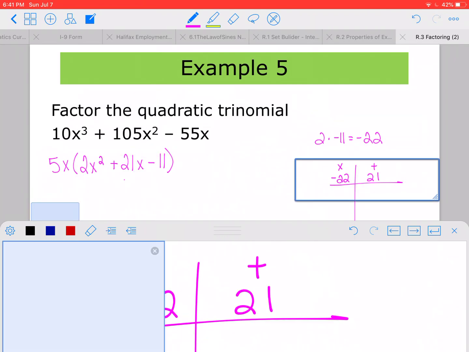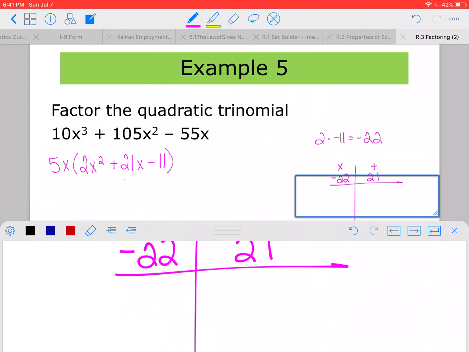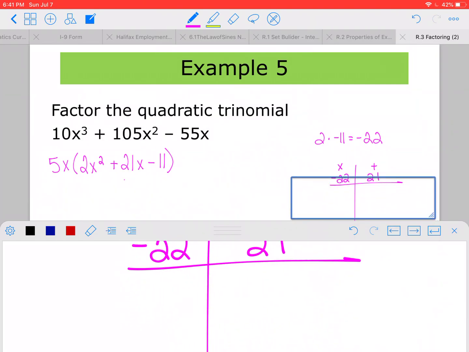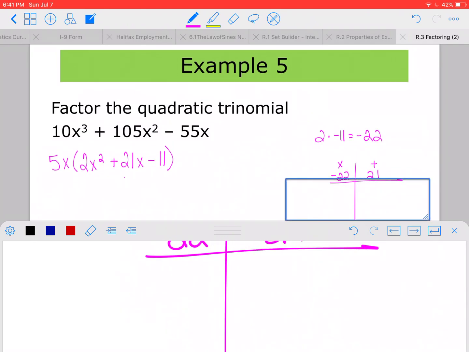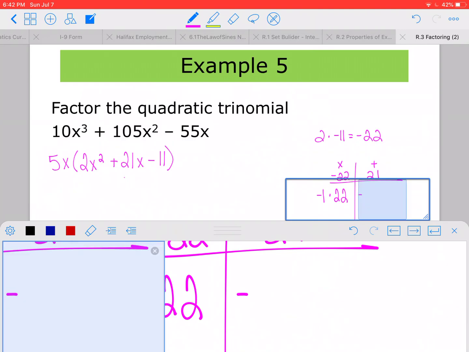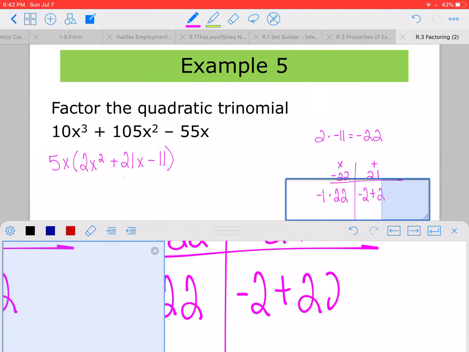So you could guess 2 times 11. That's not going to work. I can see here then what we're going to need is negative 1 times 22. And if you have to go through some guessing, that's perfectly fine. But in this case, negative 1 times 22 will give us negative 22, and negative 1 plus 22 will give us a positive 21.